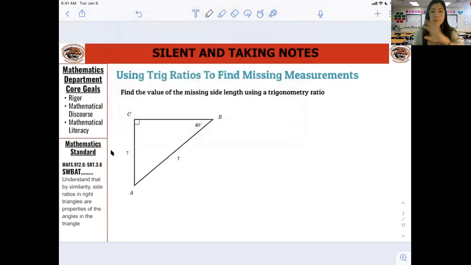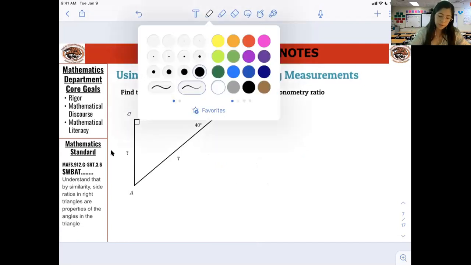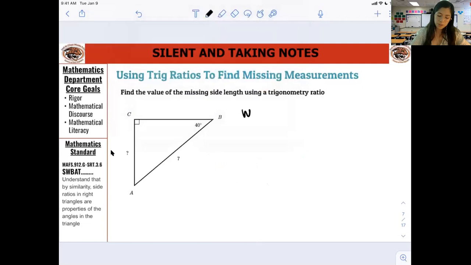I'm going to keep the screen completely blank because when you get a problem like this, the first thing you have to figure out is which ratio you want to use. I have 2 side lengths that I'm looking at. One of them I know, 7. One of them I don't know. I don't know this one right here. And I have one angle measurement, that's angle B. Which ratio includes those 2 sides?